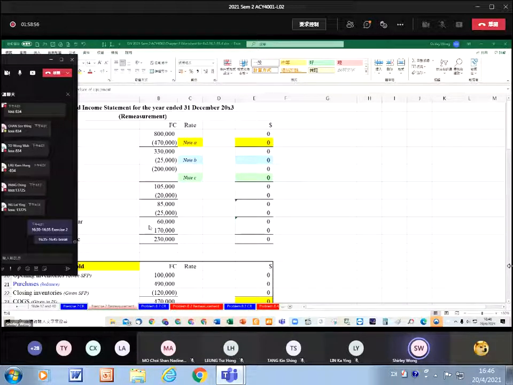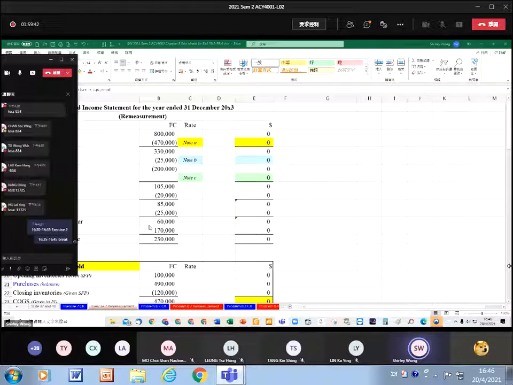So can anyone tell me what is the remeasurement gain or loss you are able to calculate for this exercise 2, part B? 好，咁我哋對答案啦。咁 exercise 2嘅 part B， 你有幾多 remeasurement gain or loss 咧？可唔可以話俾我聽？Have you finished?